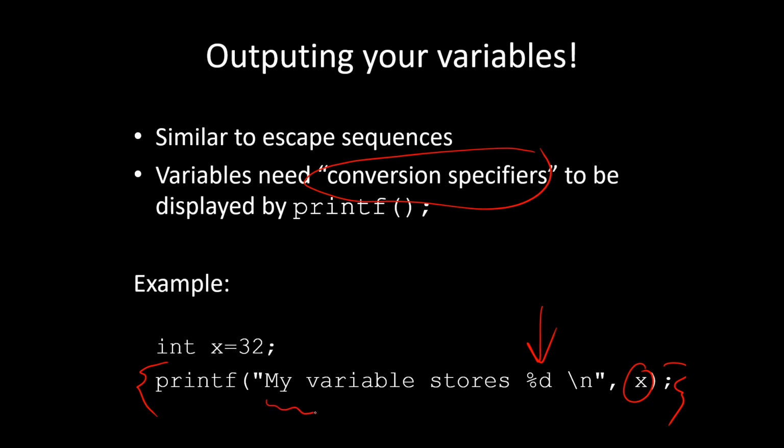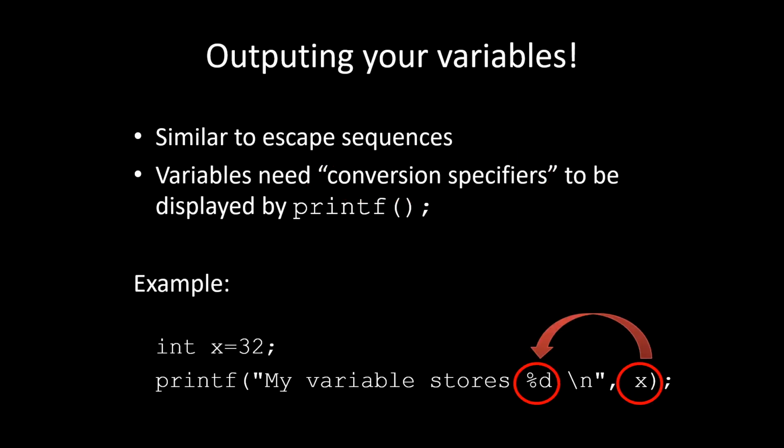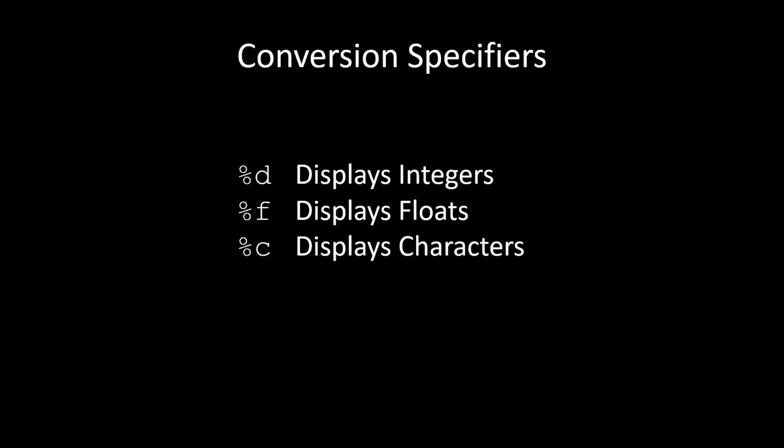So you essentially write out the string that you want to show on the screen, and then where you want the variable to go, you put a %d for an integer, or a %f for a float, or %c for a character, and so on and so forth. And these are the common ones you're going to be seeing.